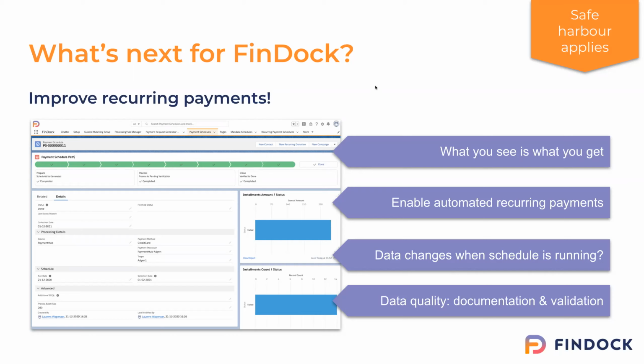The first one is a theme of what you see is what you get. We know that recurring payment processing, especially for larger customers, can even take a couple of hours. And you want full insight and transparency in what is happening there. We have the processing hub manager and the payment schedule path, and all these kinds of tools, but we can still be cleaner and crisper here and actually show you where we are in the process and give you the real-time updated status.